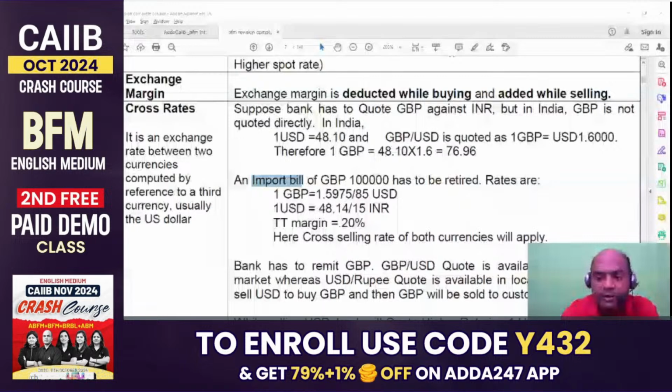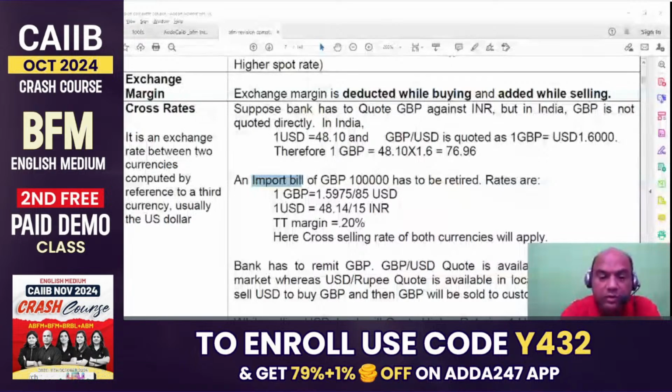Whenever you are doing the import transaction, what will you do? Buy or sell? Correct. Very good. Raju, you are right. Rupali, correct. Sell. So you will be doing sell.